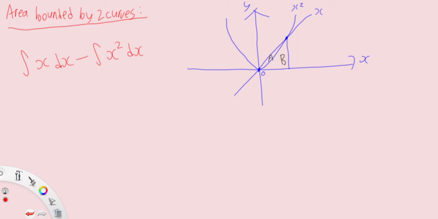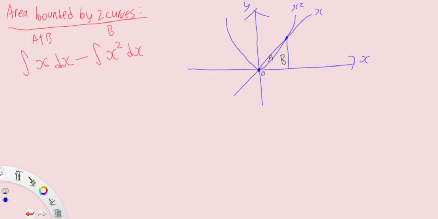Because the area underneath x between these two intersection points is A plus B, and the area underneath x squared between these two intersection points is only B, but we only want A. So if x gives us A plus B and x squared gives us B, and we only want A, it's just A plus B minus B. So integrating x minus integrating x squared. There we have it, the whole idea of getting the area, but we need to solve it.